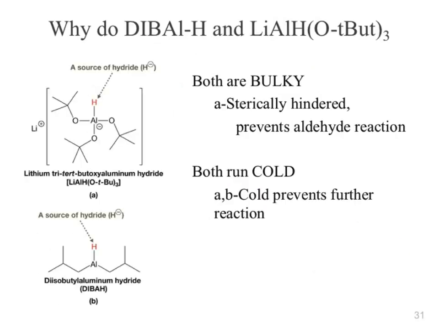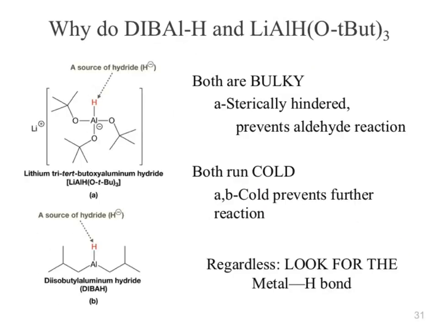The biggest thing that you need to get out of it, regardless of the source, is at the bottom. Look for that metal hydrogen bond. If you find a metal hydrogen bond, what should you be seeing? You should be seeing H minus. H minus can now be used as a nucleophile. Yes, there are exceptions to that, namely sodium hydride, which acts as a base.